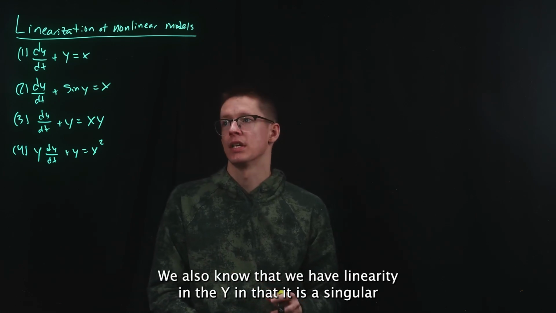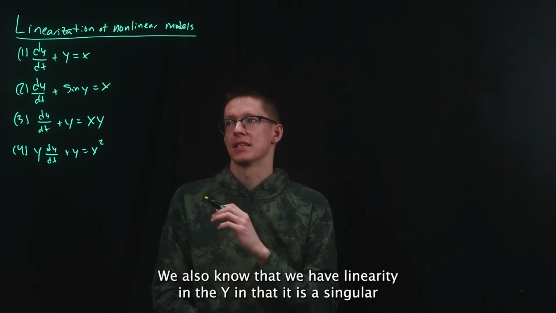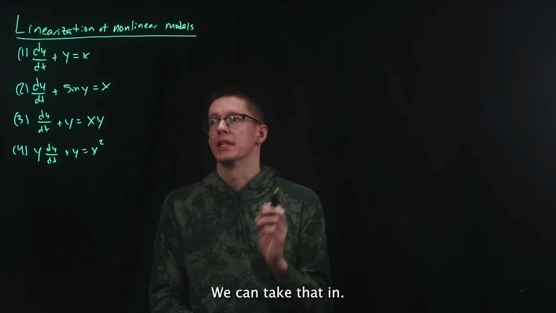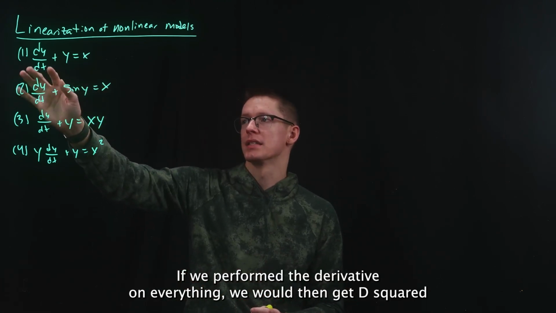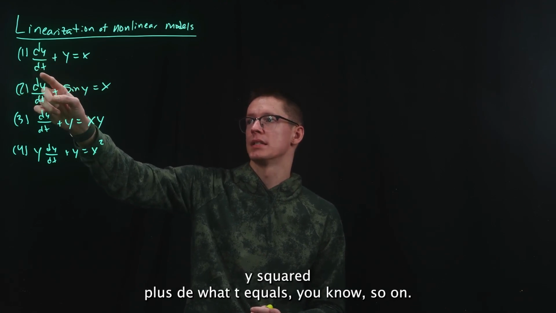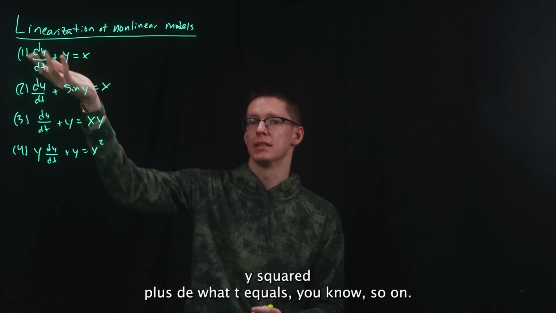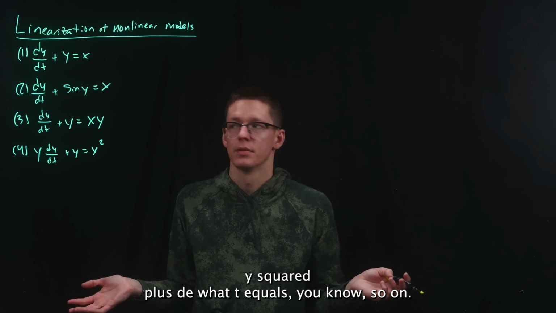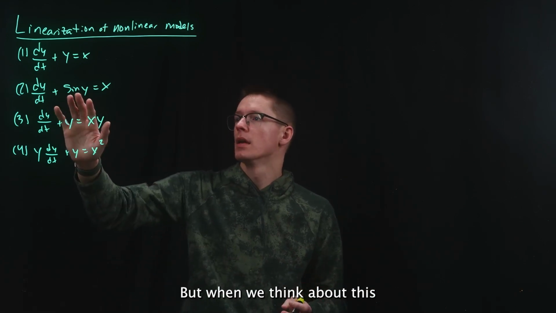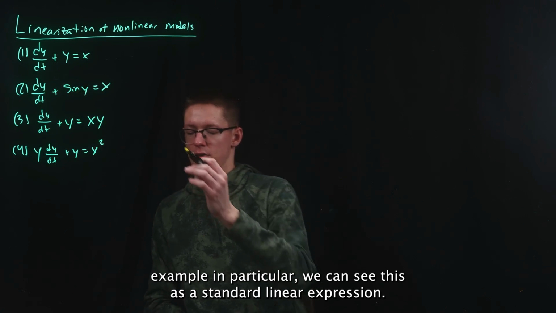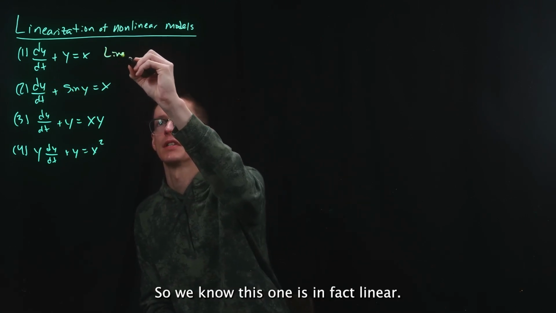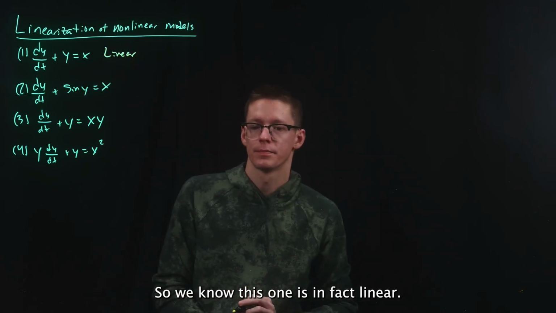We also know that we have linearity in the y, in that it is a singular linear function. We can take that, and if we performed the derivative on everything, we would then get d squared y dt squared plus dy dt equals, and so on. But when we think about this example in particular, we can see this as a standard linear expression. So we know this one is in fact linear.